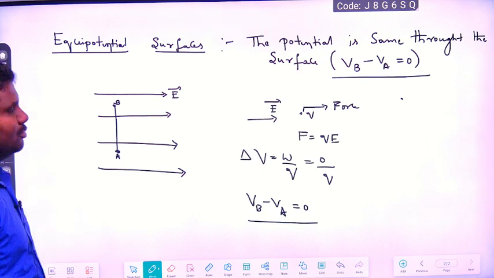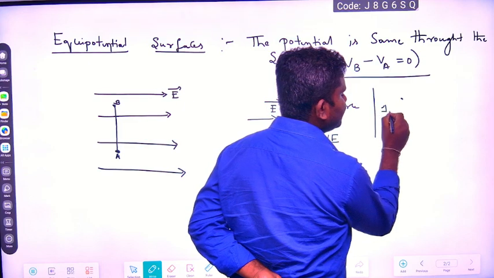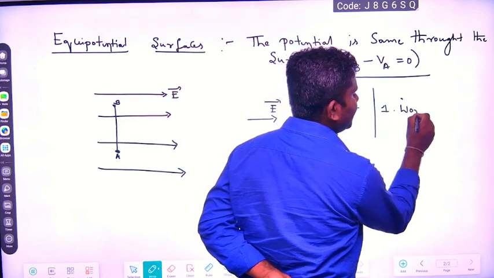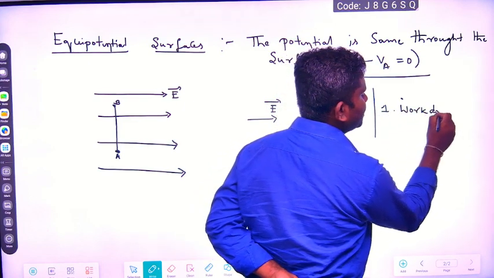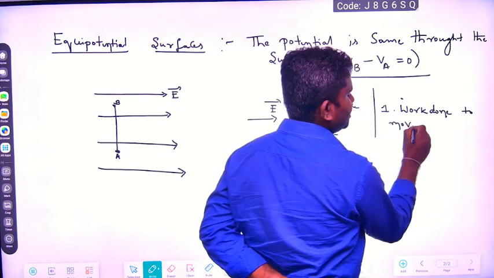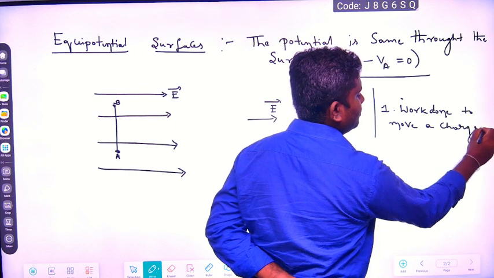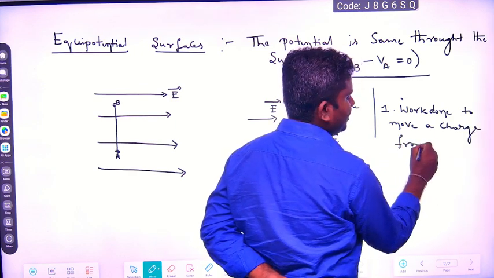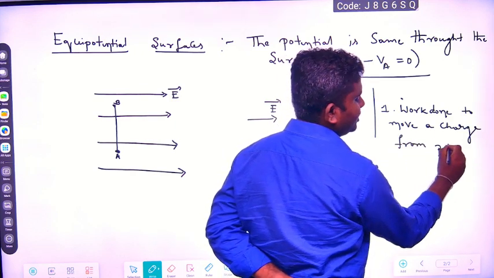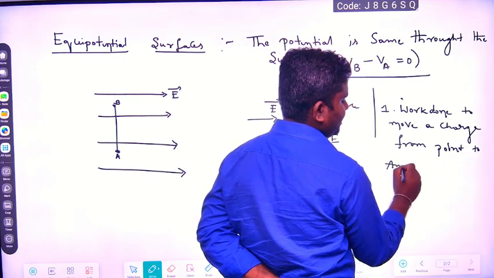So if the potential difference is 0, it means work done is 0. The work done to move a charge from one point to another point is 0.